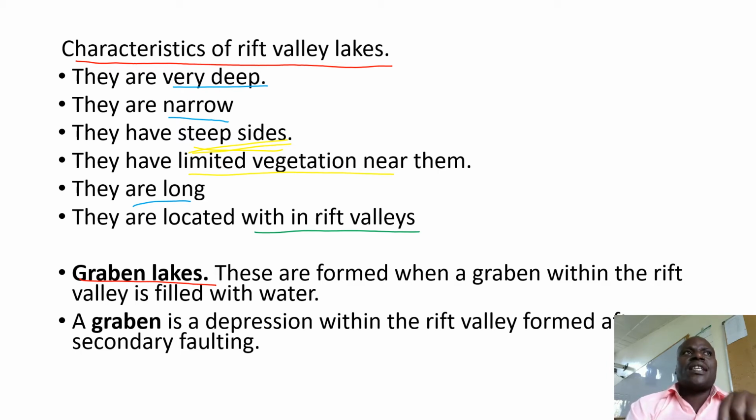A rift valley itself is a depression, but after secondary faulting within a rift valley, a graben is formed, and when a graben is filled with water, it forms a graben lake. However much some books call these lakes the same, they are not the same completely.